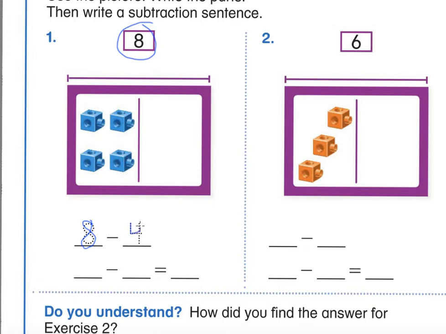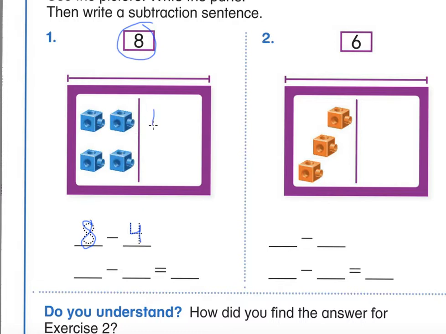So let's write in 4, because that's the part that we know. Now we have to figure out the part we don't know. And here we can draw a picture counting on from 4 until we count to 8, and that'll tell us what part we're missing.